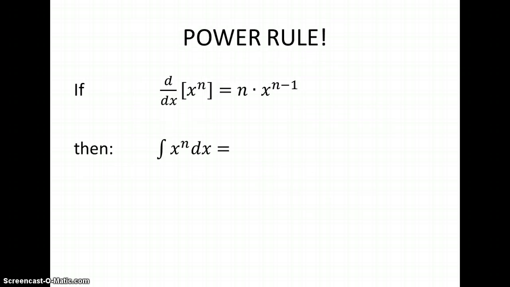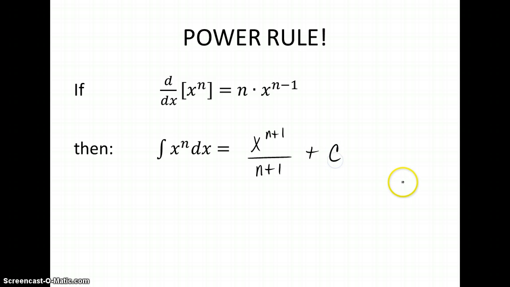All right, power rule lives. If the derivative of x to the n power is n times x to the n minus 1, right, we brought the exponent down and then subtracted 1 from the original. Then the power rule for integrals: add 1 to the exponent and then divide by the new exponent.